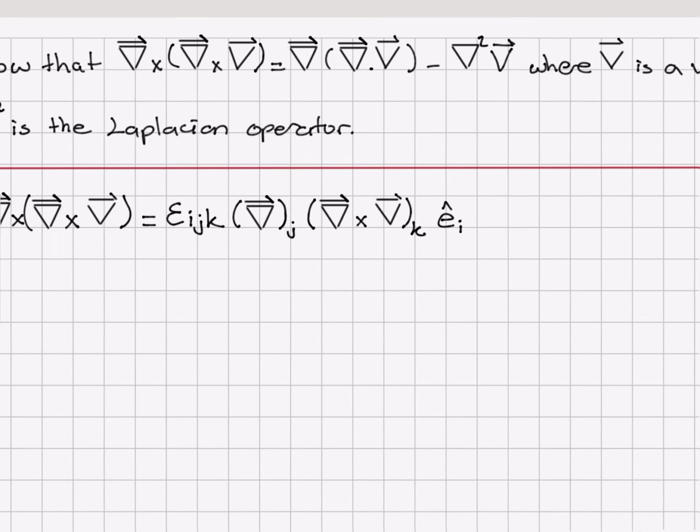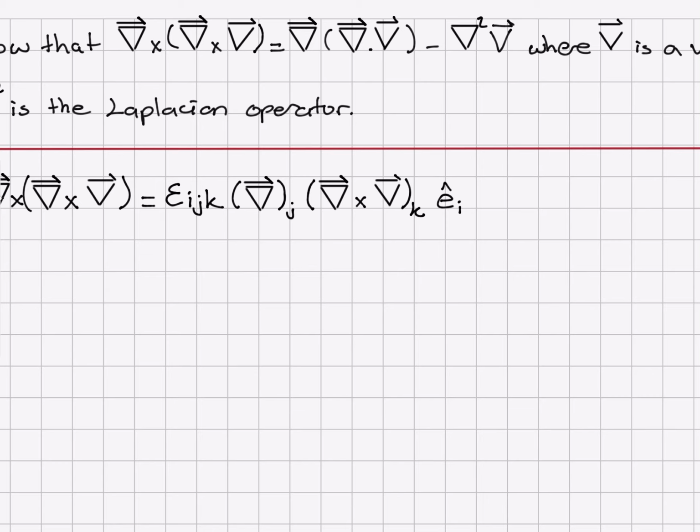Now how do I write the jth component of the del operator? Del operator is del xj ej hat, but its jth component is just del xj, partial derivative with respect to xj.